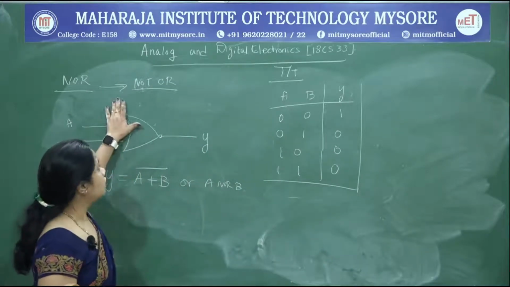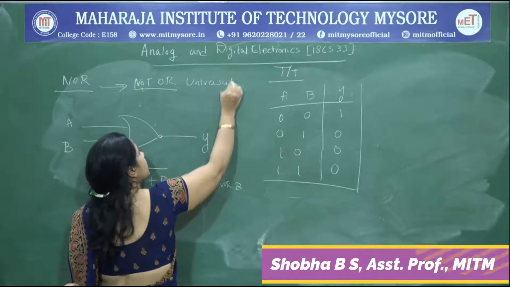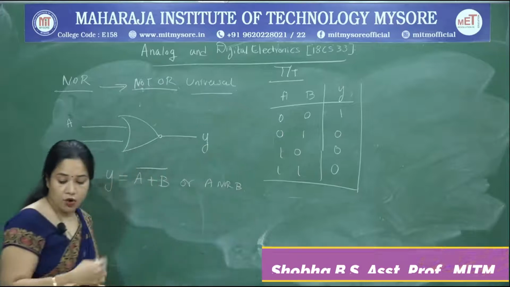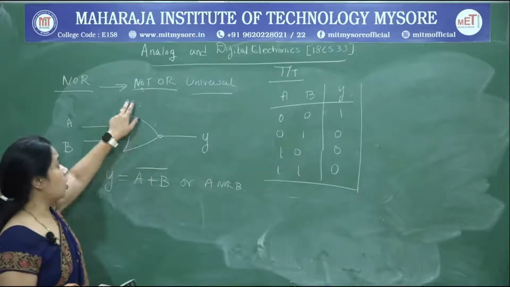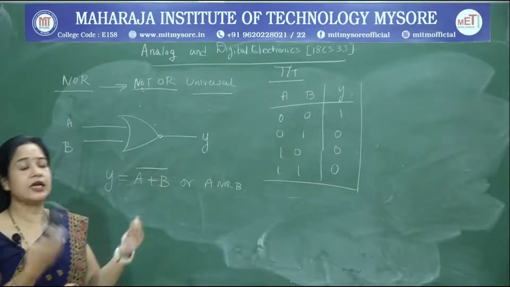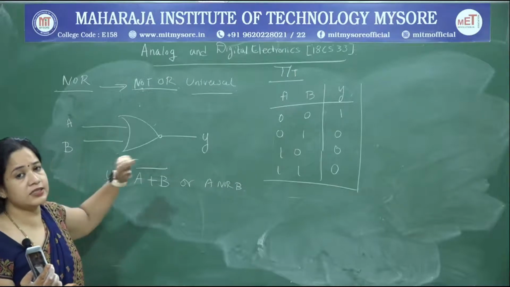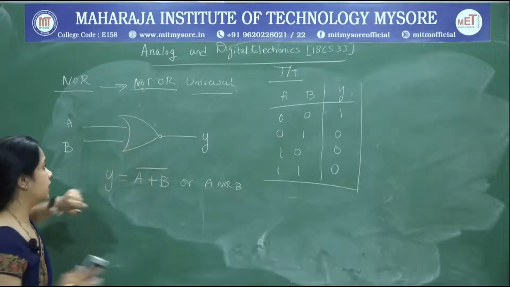And we call NOR as a universal gate. When I say a NOR is a universal gate, what I mean is using NOR I can realize all other basic gates. Not only basic gates, we can realize any given digital circuit using a NOR gate. So that is the reason we call them as universal gates.